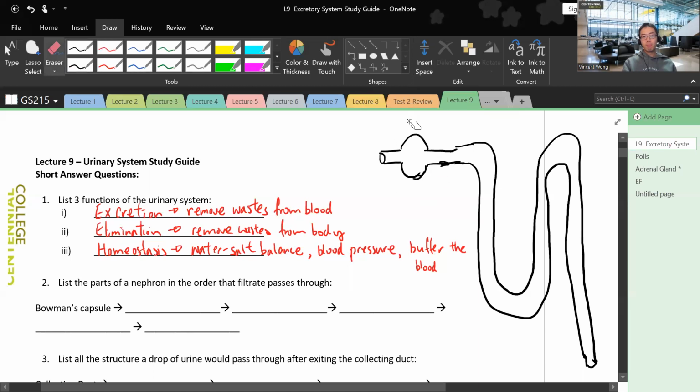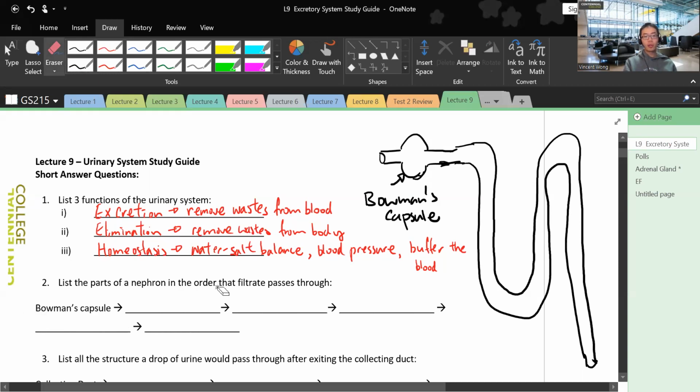Right, so there's always a ball thing at the front, and then it loops down, comes back up, and then like this. Okay. So at the first part here, this ball is called the Bowman's capsule. Okay, which is right here.